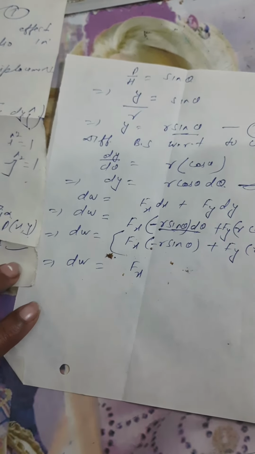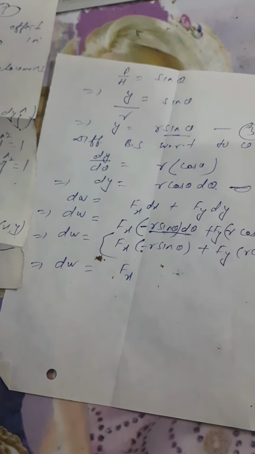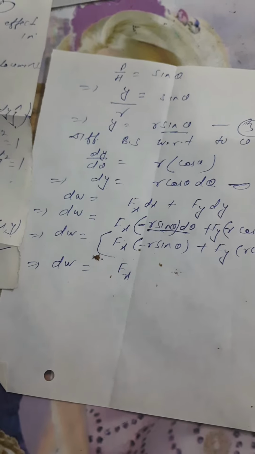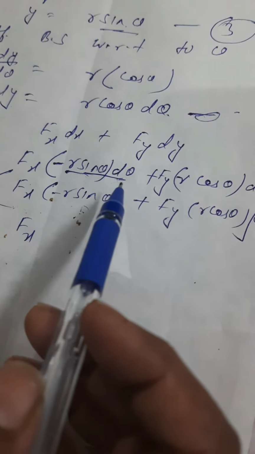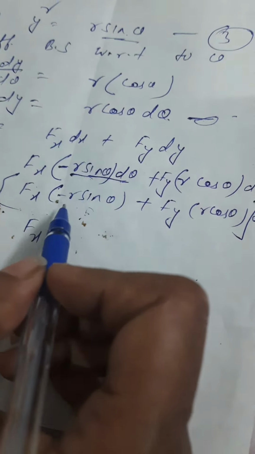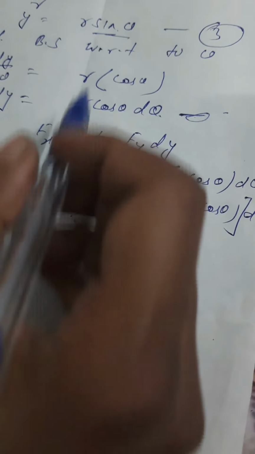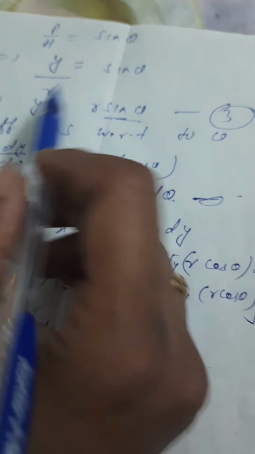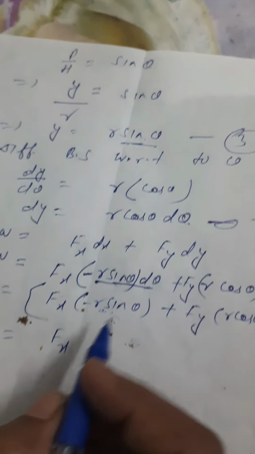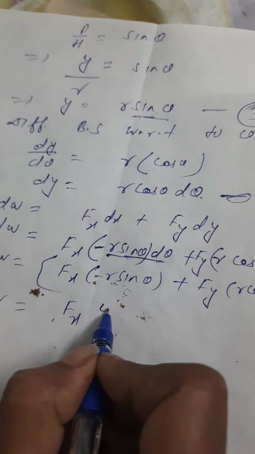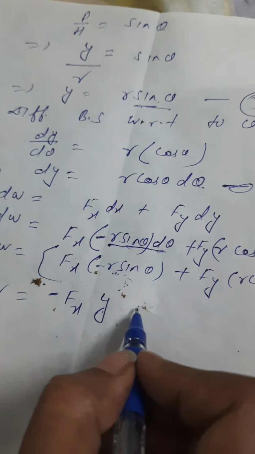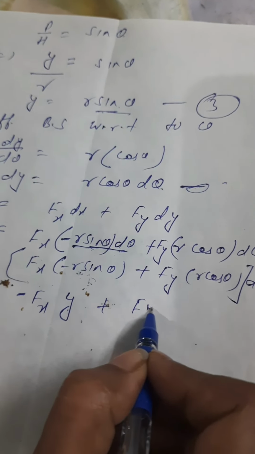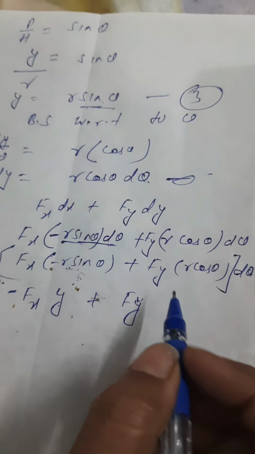Now dw is equal to fx times minus r sin theta. What is r sin theta? r sin theta is equal to y, so we can substitute here: minus fx y, because minus is here, plus fy r cos theta.